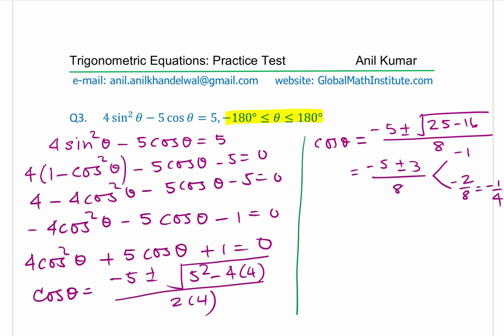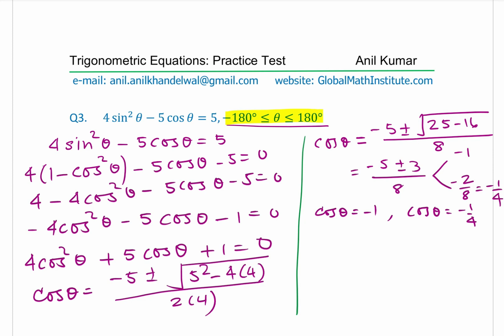So those are the two possible solutions, correct? So that means we have to work for cos theta equals minus 1 and cos theta equals minus 1 over 4.